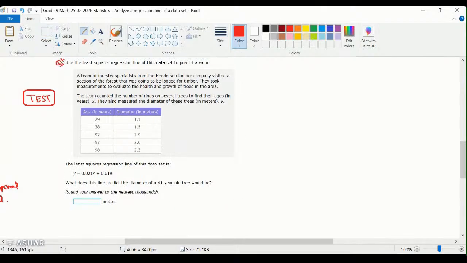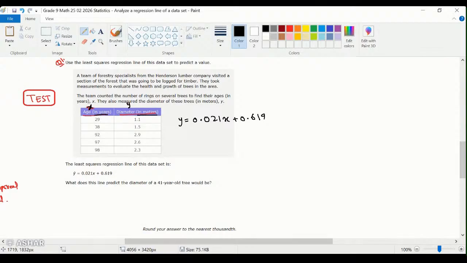They're using the age, the value of X, against the diameter, that is the value of Y. We need to round our answers to the nearest thousandth, three decimal places, where y equals 0.021x plus 0.619. X is the age in years, y is the diameter in meters.